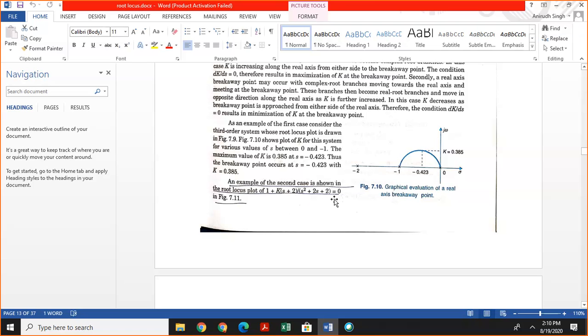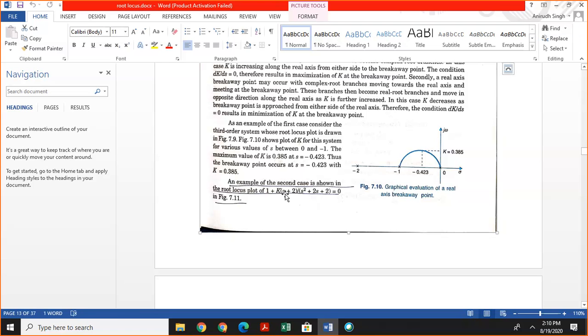This is an example of plotting the root locus of this equation.